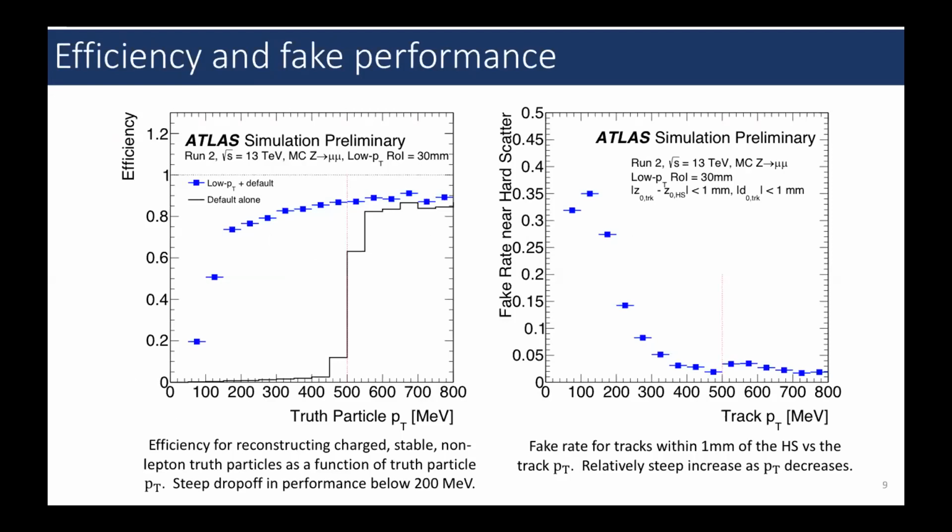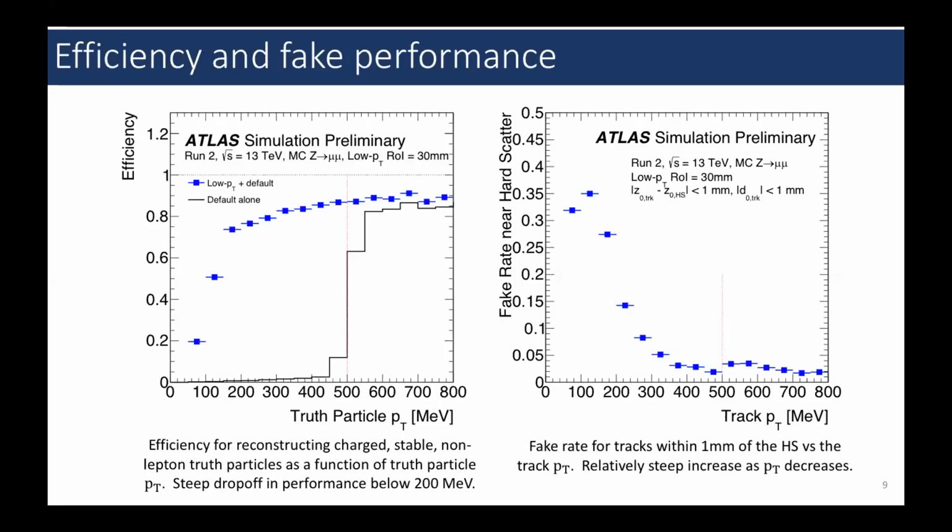The blue points show what efficiency you achieve when you run with the low PT tracking. It's nice to see that you get a relatively smooth efficiency that stays above about 80% down to around 200 MeV with a quick die-off after that. So the efficiency becomes very poor below around 200 MeV.